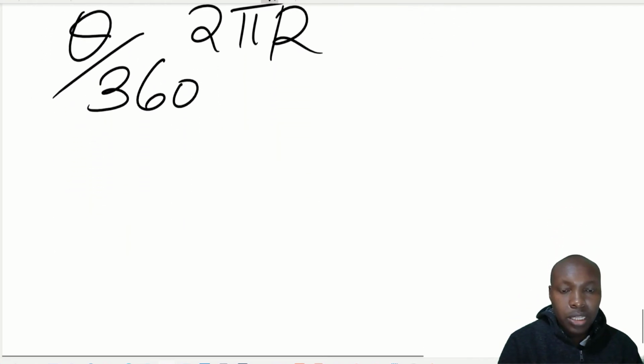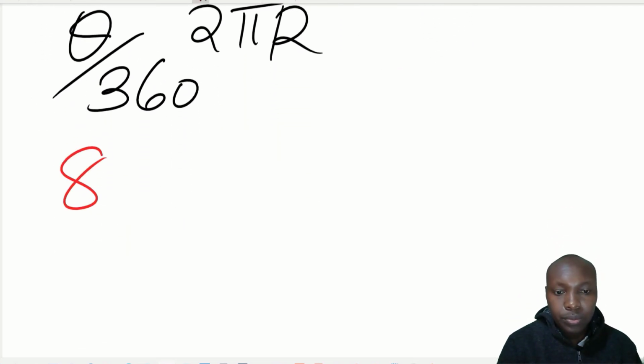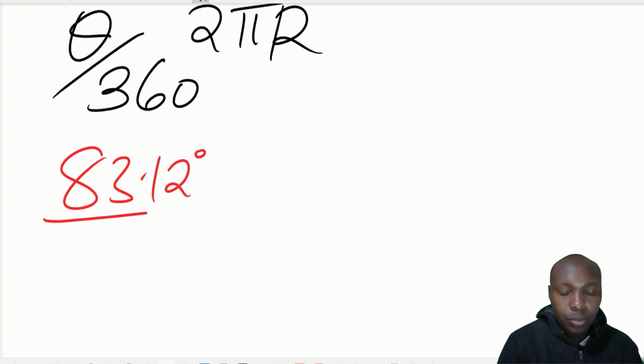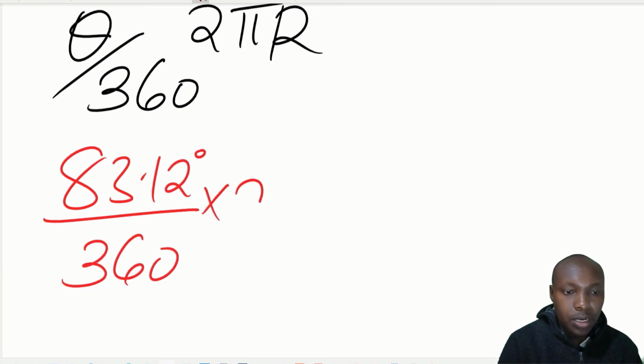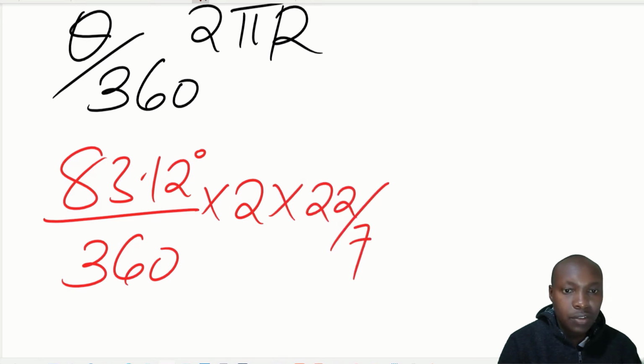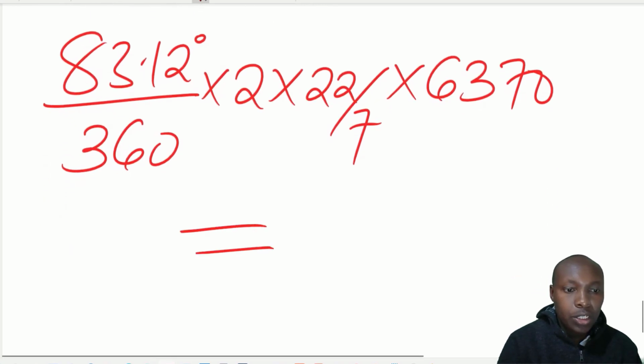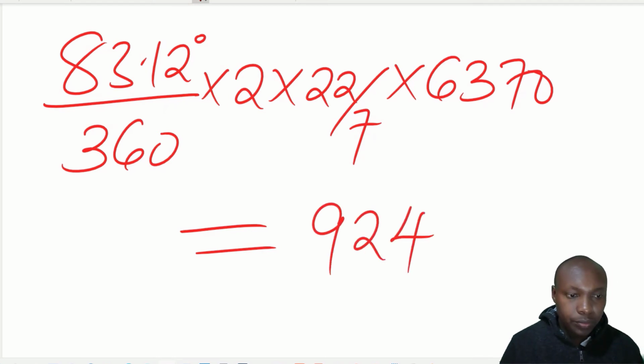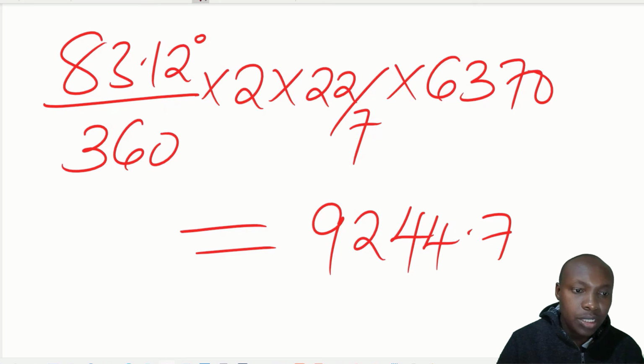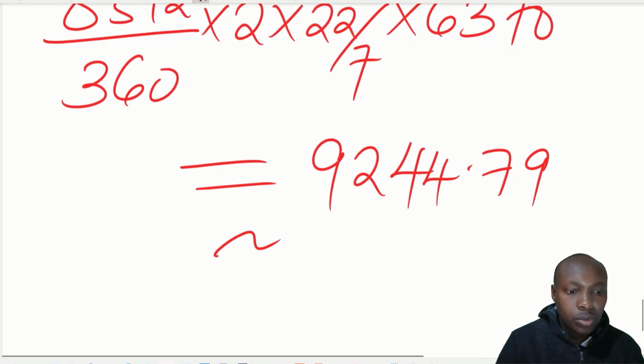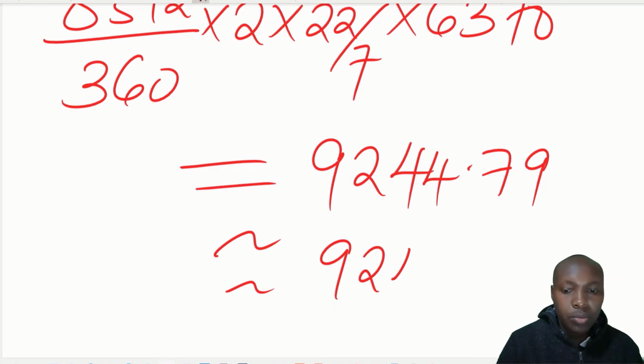So now we have the angle at the center, which is 83.12, multiplied by 2 pi times the radius of the earth, which is 6370, and that gives 9244.79, which is approximately, correct to the nearest whole number, 9245 kilometers. So that is the first method.